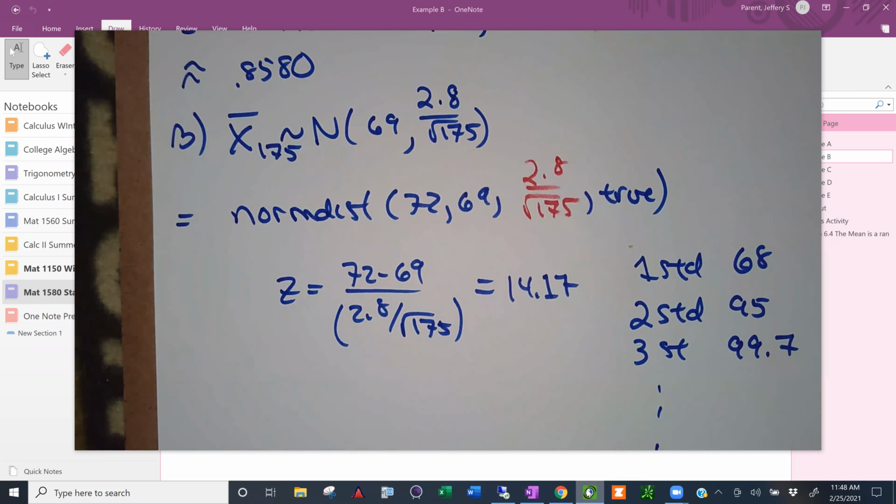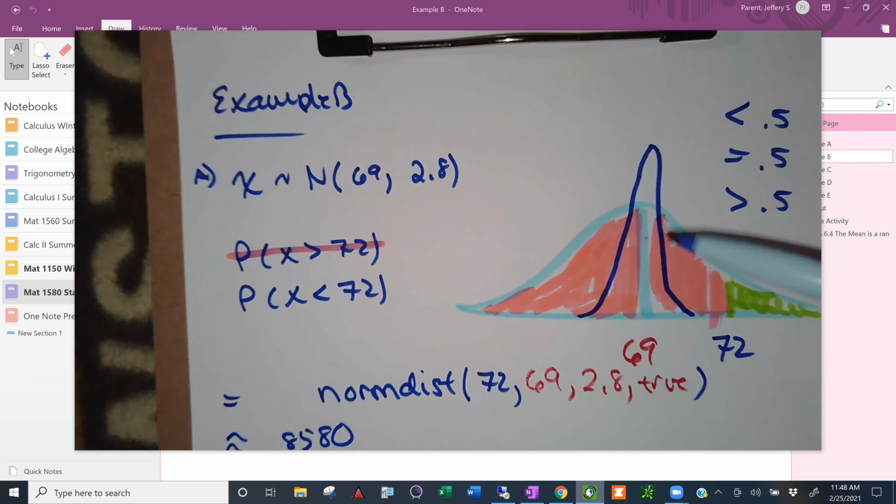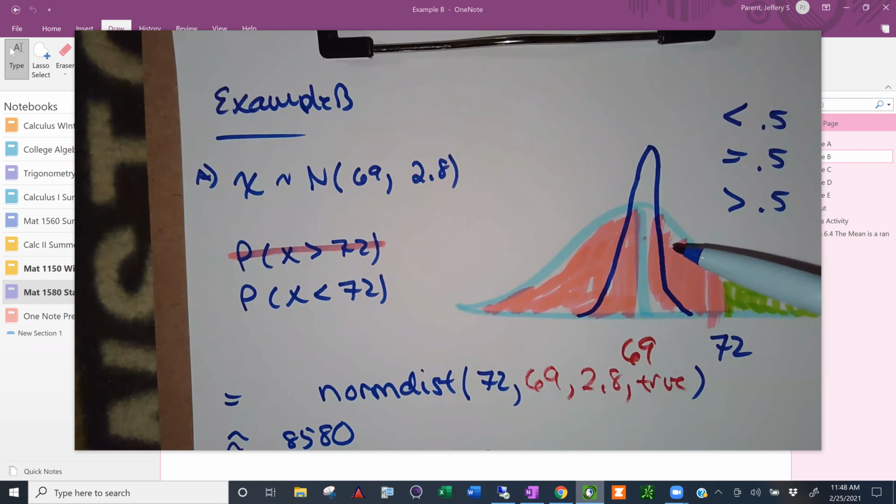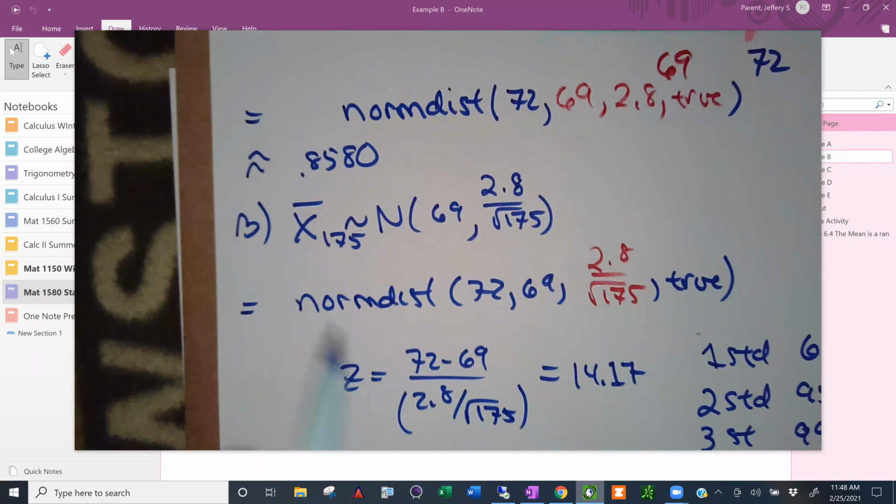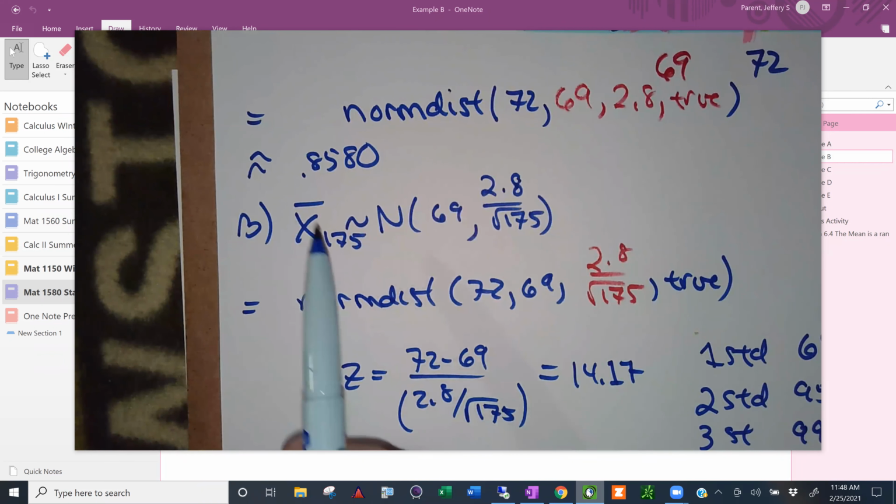Are you comfortable with that last conclusion, part C? Why was it more relevant again? Because people are going to be coming in one person at a time. You're not going to create some kind of monster person out of 175 people and march an average person through. They're marching through one at a time, not as the average of 175 men.